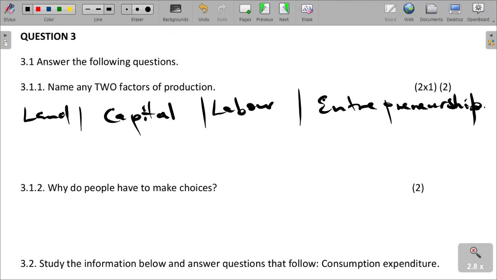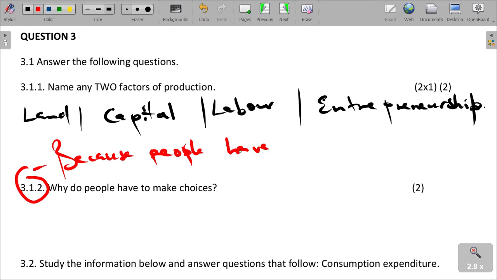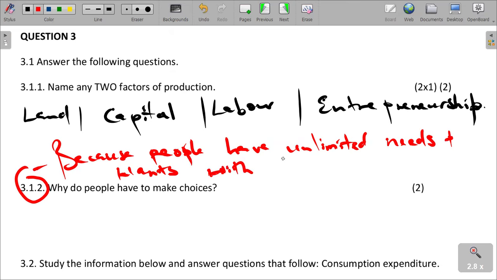Choices are made because people have unlimited needs and wants against limited resources.